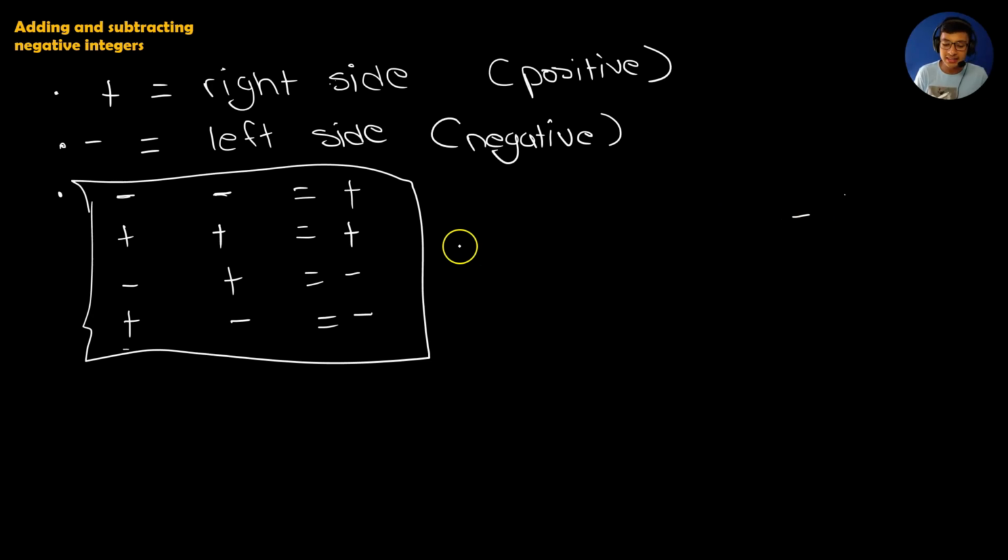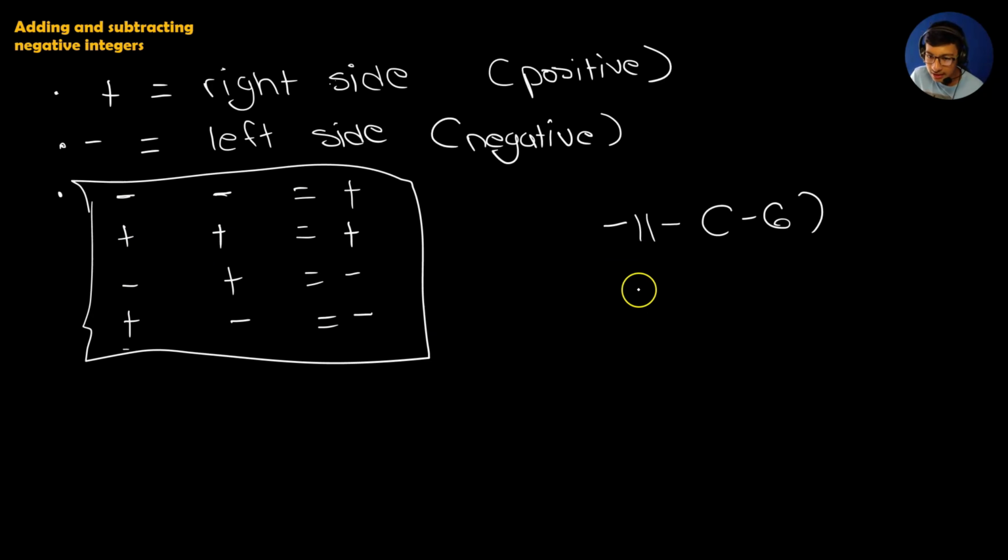So let's try it with a few more. Our next example, negative 11 minus negative 6. There we have two signs together, so we check our box. Do we have a negative and a negative? Yes, we do. A negative and a negative equals a positive.